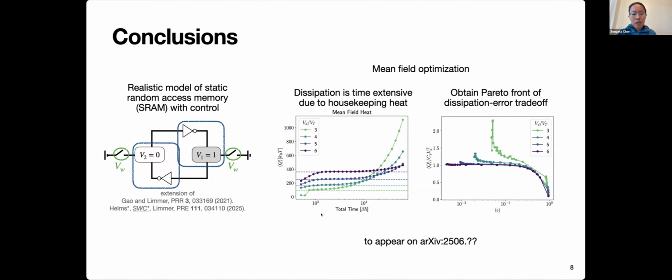But I can tell you the time involved in a bit erasure in current computers, knowing that they operate at 3-ish gigahertz, is several hundred picoseconds, which is a few orders of magnitude higher than this time, which is on the order of tens of picoseconds in terms of speed.